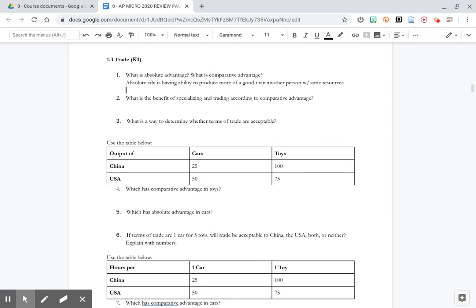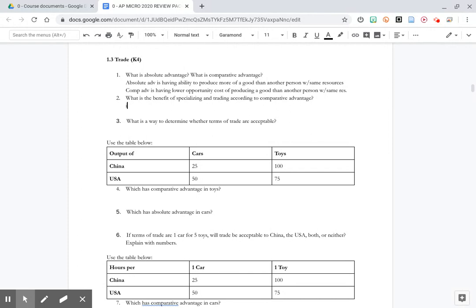Comparative advantage is the idea of having lower opportunity cost of producing a good than another person with the same resources. And that's the idea that if you have the comparative advantage, you're better off doing that because you are more specialized at it, right? And so what's the benefit of specializing and trading according to comparative advantage?